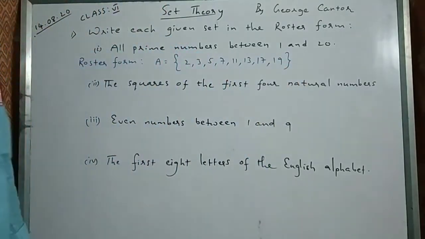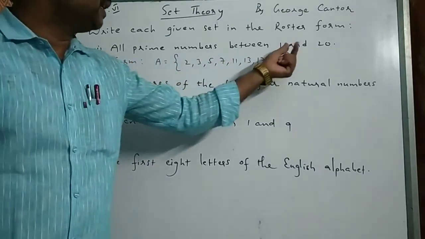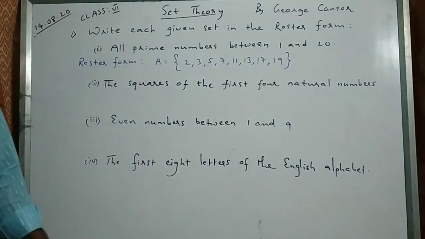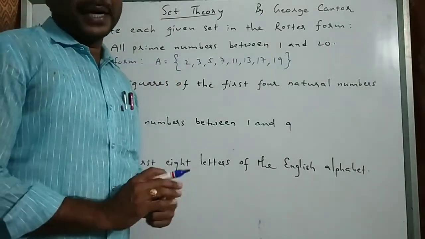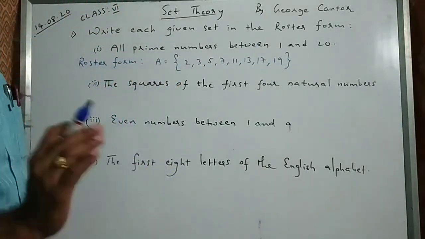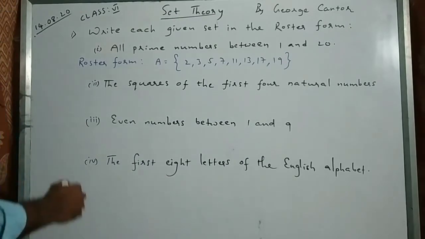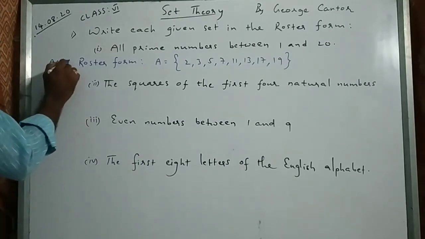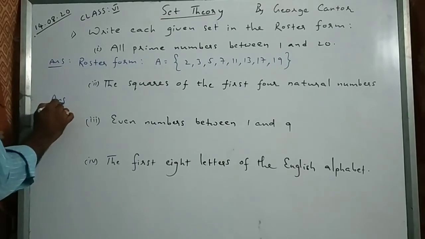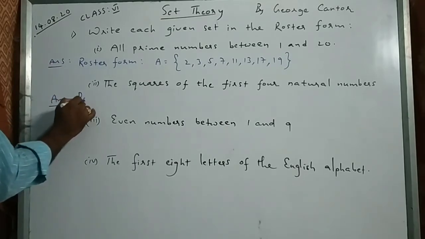So these are the prime numbers between 1 and 20. 2 is even prime number. I told you, 1 is neither prime nor composite. You remember always that. Okay. So answer is this. So here roster form.